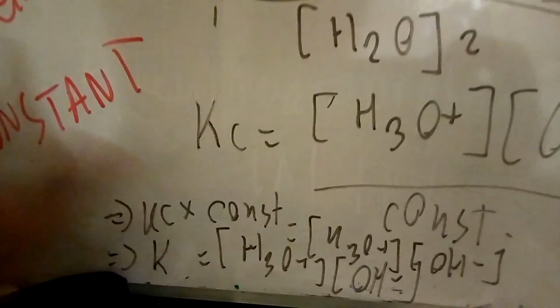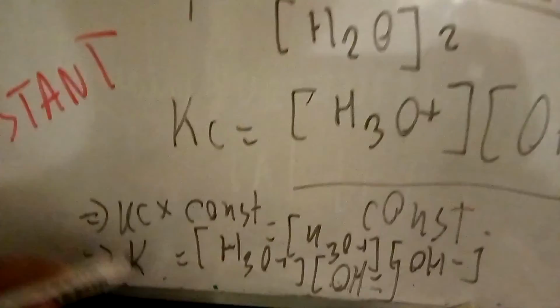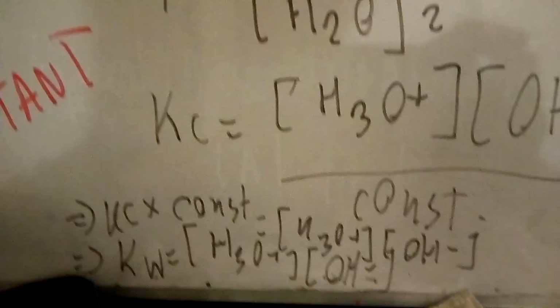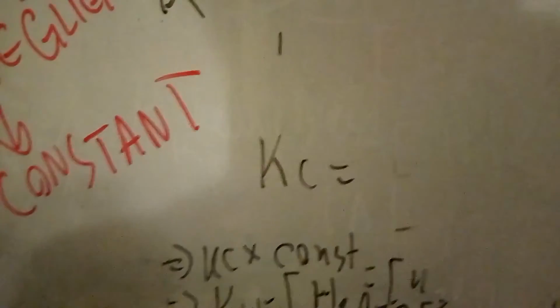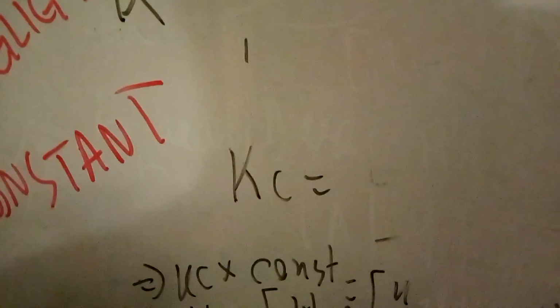Now, this is the dissociation constant of water. I accidentally wrote A, so let me fix that. It's Kw. First of all, watch this, and after that, we can move on to Ka, or the acid dissociation constant. But first, watch this one.